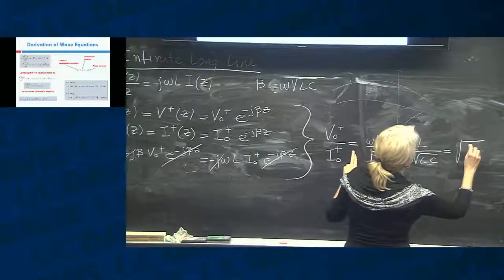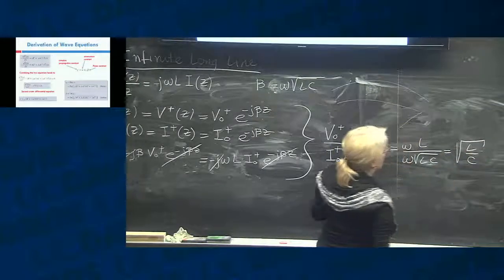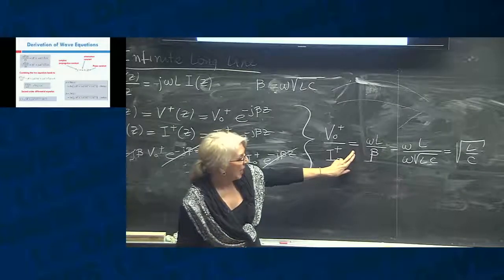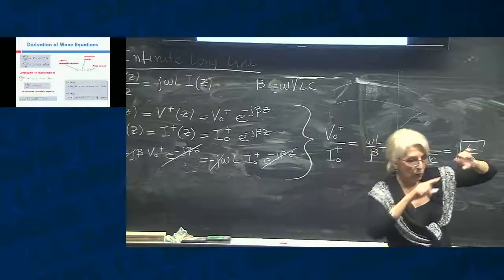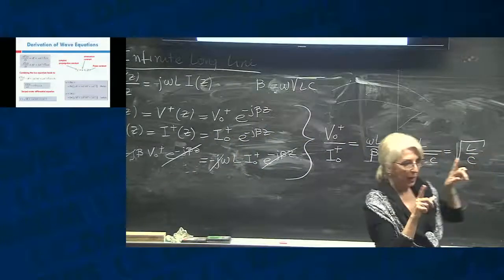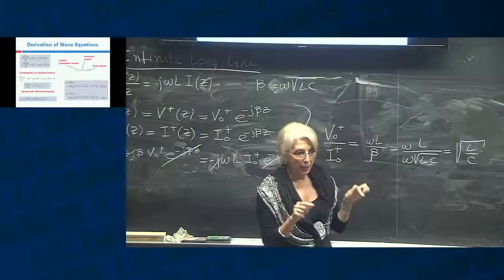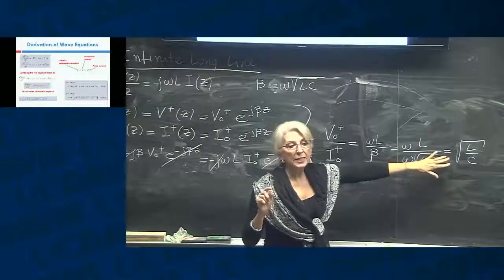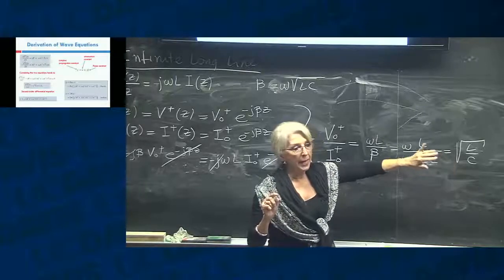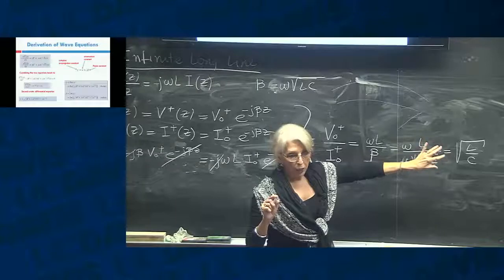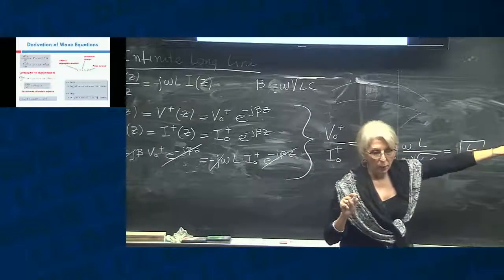Square root of L over C. If I had done exactly the same thing while I had stayed with a parallel plate waveguide, I would have found that for the parallel plate waveguide, not for any, this is in general expression. This is a general expression for any two conductor line without losses.